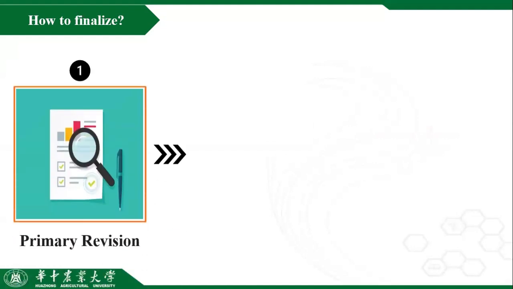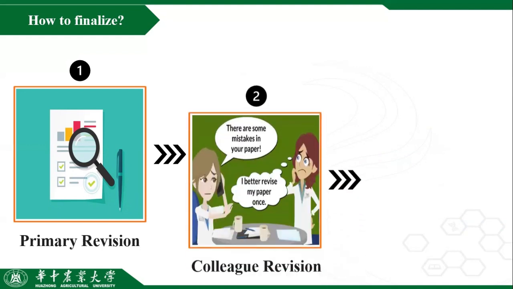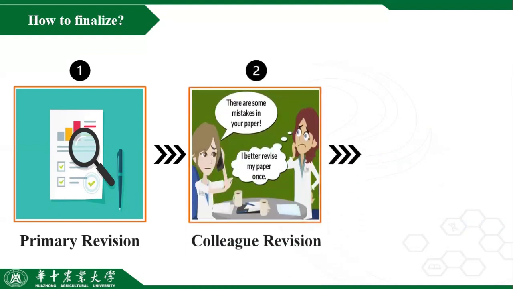So how to finalize this? First, you make a primary revision by yourself because you are the one who wrote this paper. So first you make your revision, then try to ask a friend, for example your supervisor, one of your trusted friends, or one of your lab mates. Try to ask another one to look, because your eye will be different from his eye.